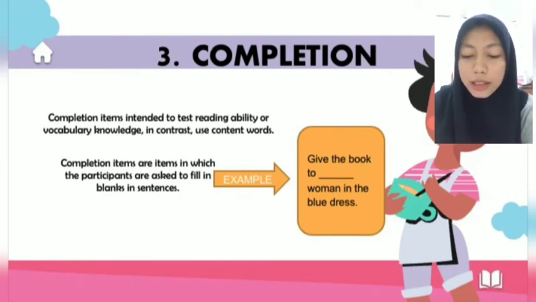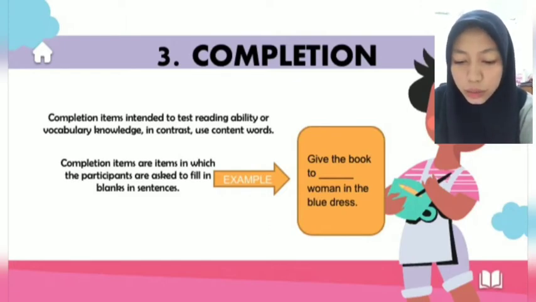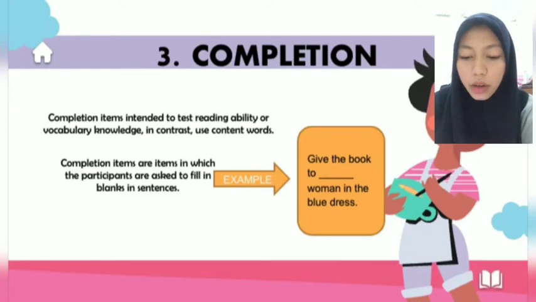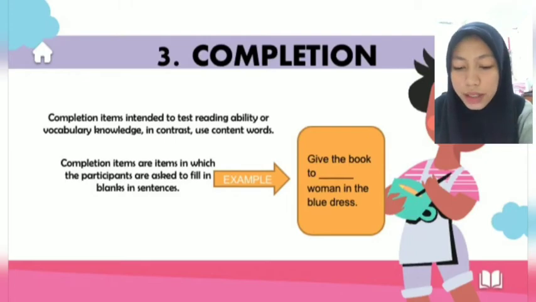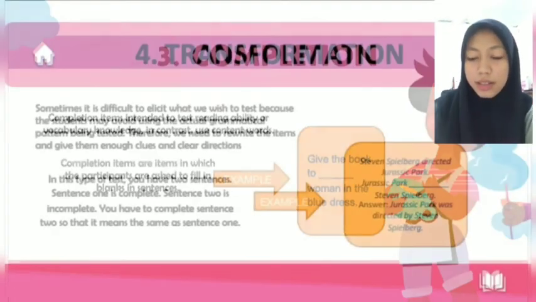Okay, next, 3. Completion items are intended to test reading ability or vocabulary knowledge. In contrast, use content words. Completion items are items in which the participants are asked to fill in a blank in a sentence.